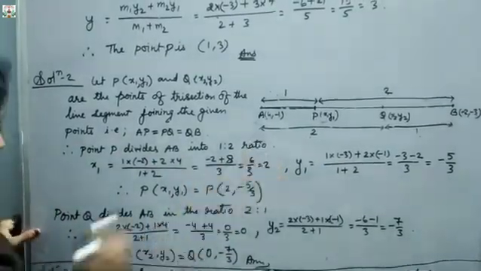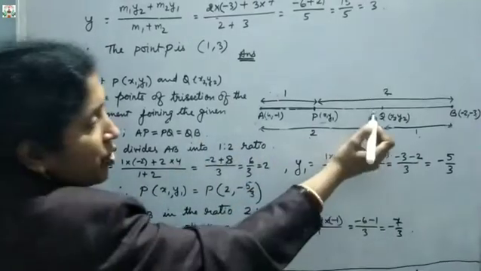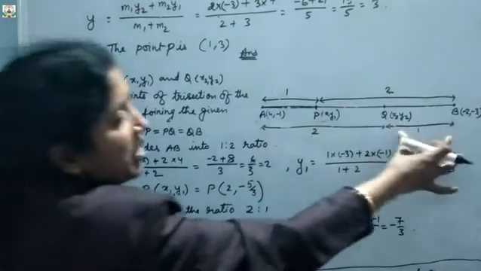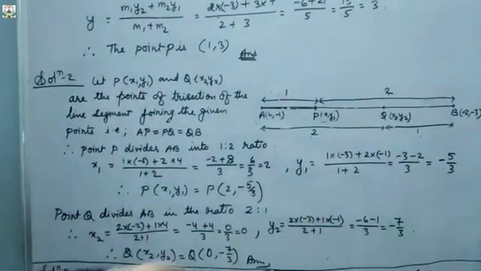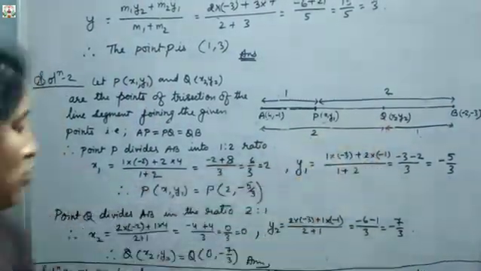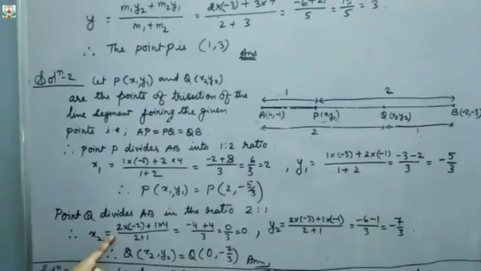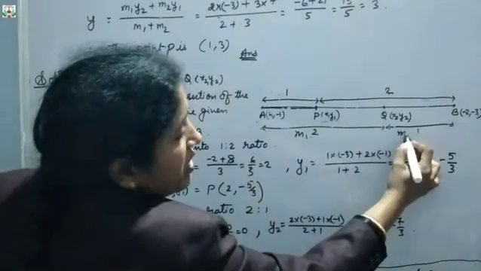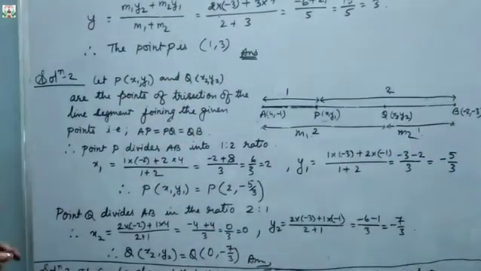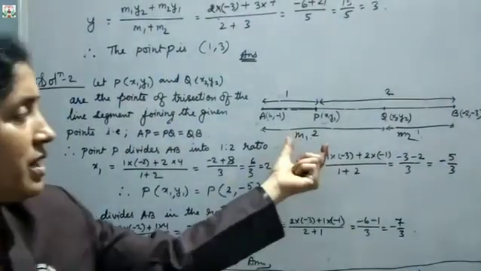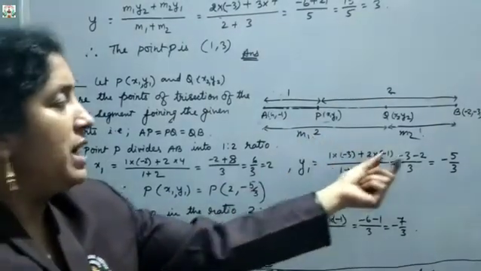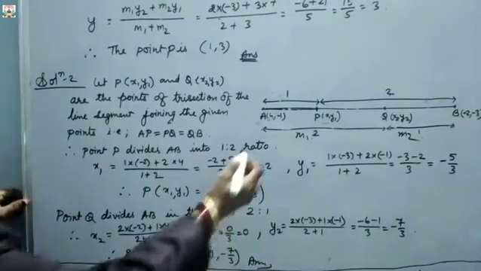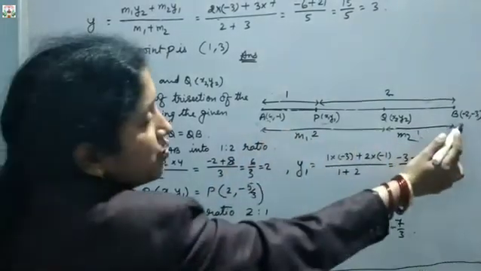Now second part, that is if Q be the point which divides this line AB in 2:1 ratio, then what will be the coordinate of Q? So Q coordinate will be x2 equals, again, now this will be m1 and this will be m2 for Q point. Q point m1 value will be 2 and m2 value will be 1, and then the other values are given, this one and this one.